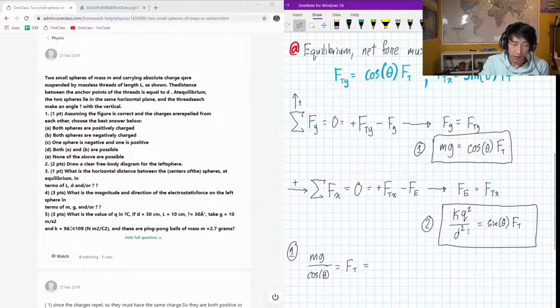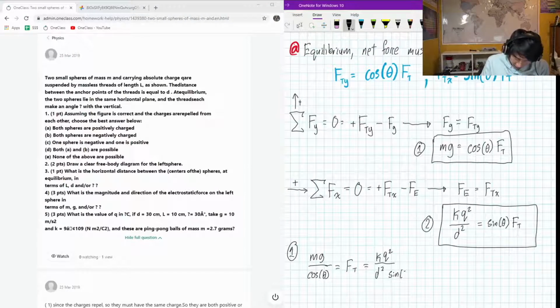It's just the left side, KQ squared over D squared, divided by sine. Sine is on the downstairs of that fraction. Cool. So this is where that comes from.